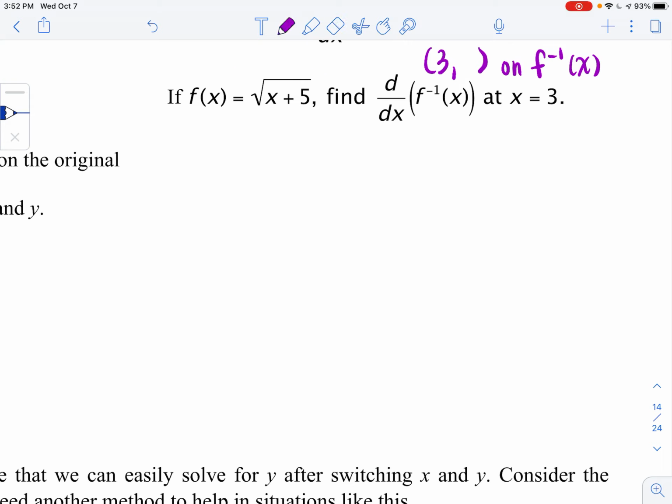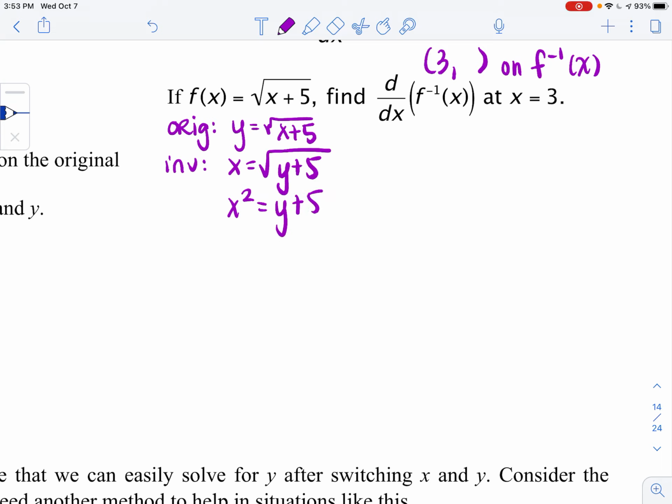So if I have f of x, this is my original function. This is y equals the square root of x plus 5. Then my inverse function would come from switching x and y: x equals the square root of y plus 5. Square both sides, so you get x squared equals y plus 5.